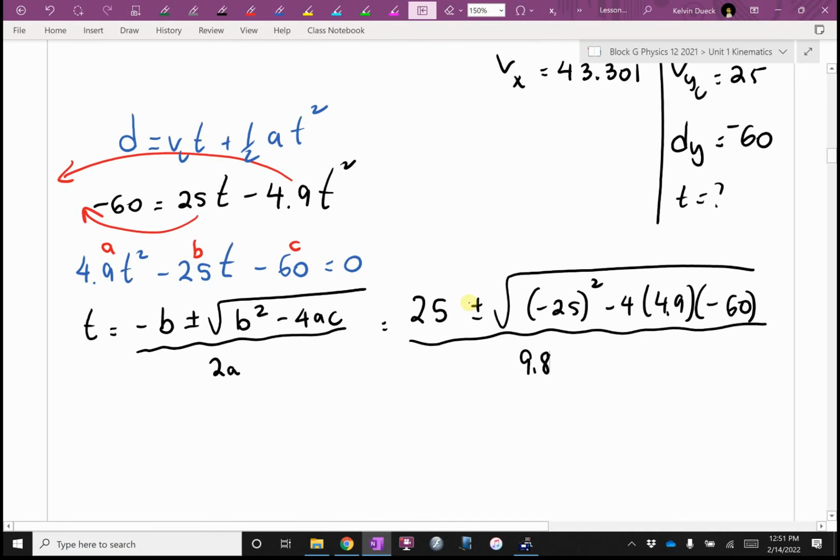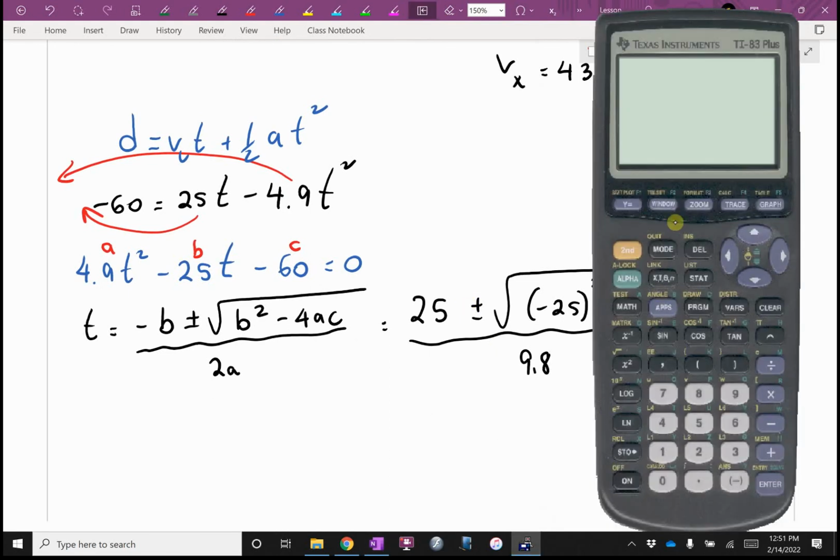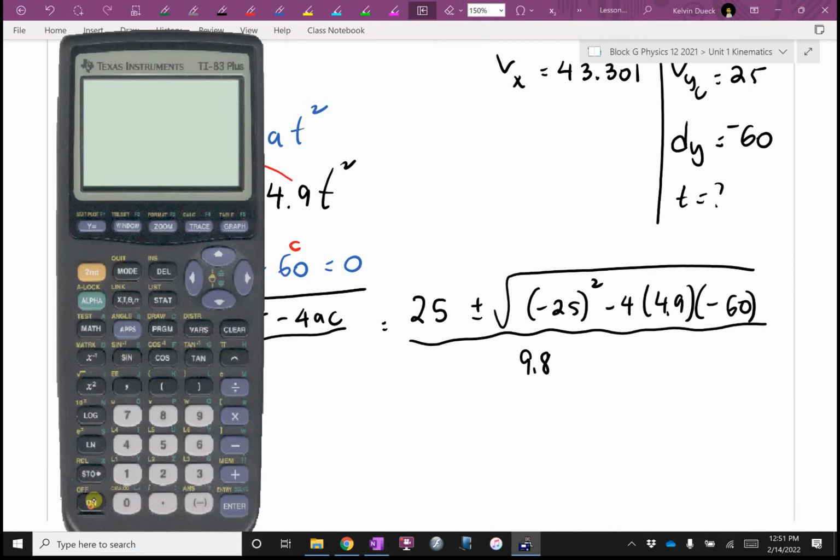Okay, time to get my calculator out. Paige, is this a fraction? Yeah. Brackets around the top. 25 plus square root, open a bracket. Paige, you've had me long enough to know I'm lazy but organized. What's going to happen to that negative in front of the 25 when I square it?